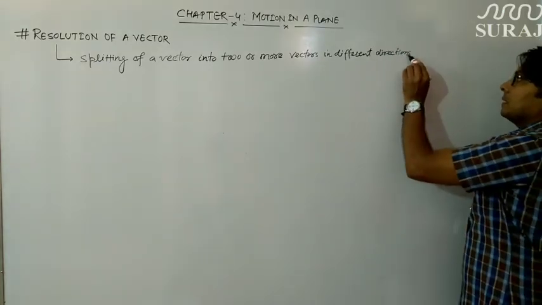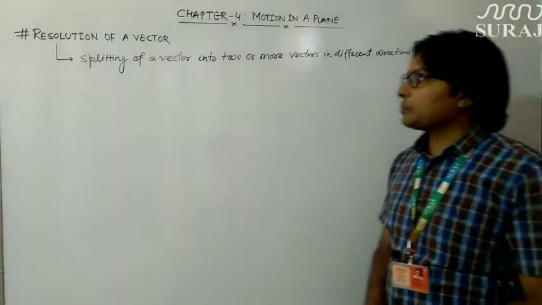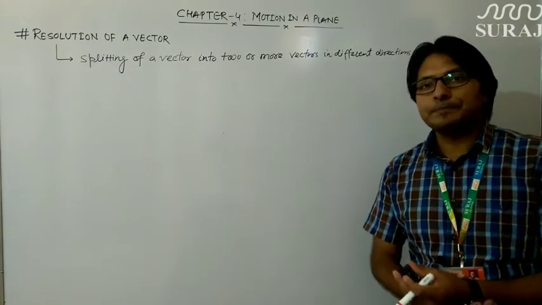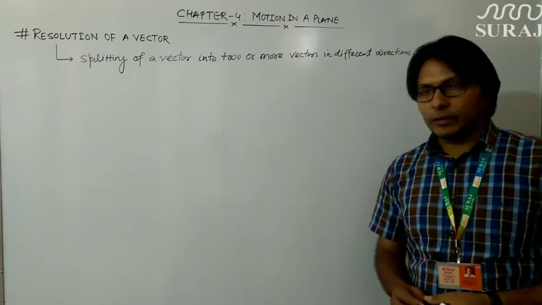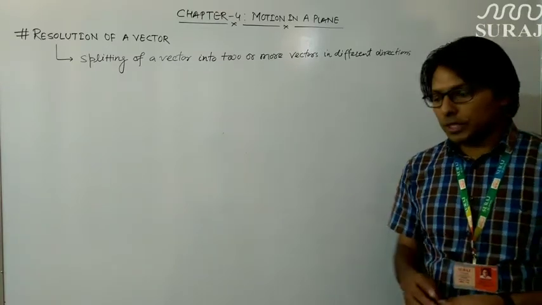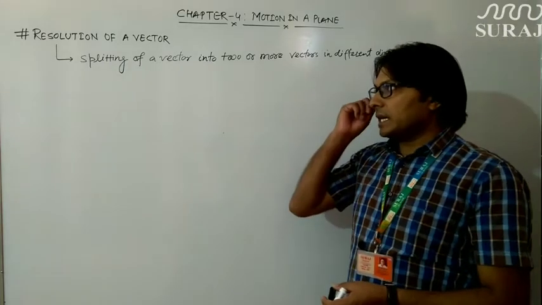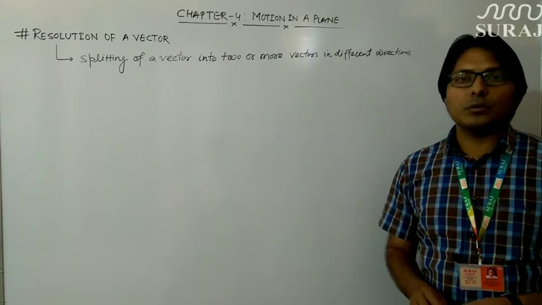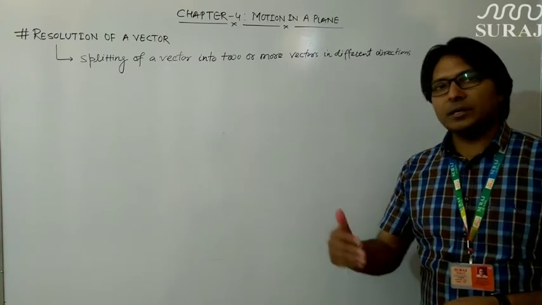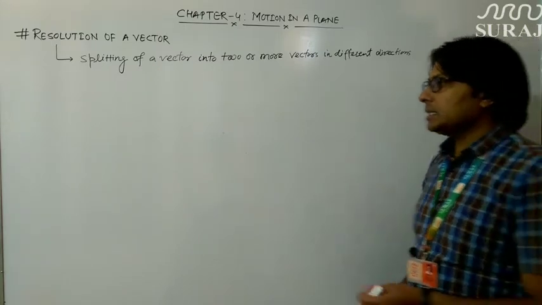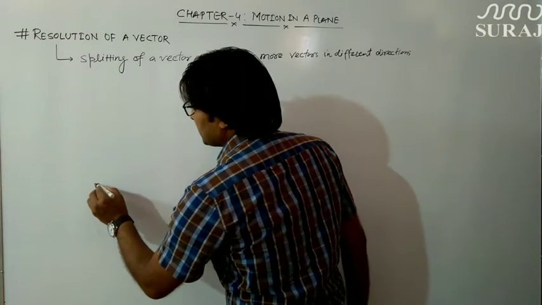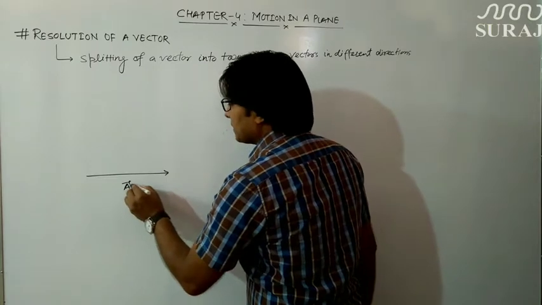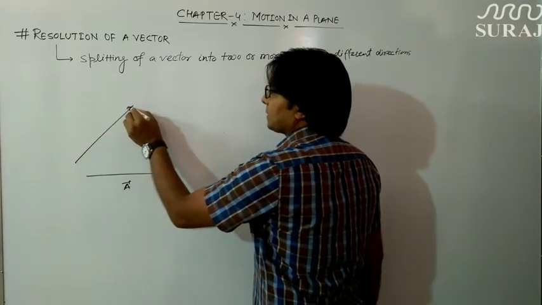Okay, let us try to understand the concept of resolution of a vector, or what is the need of splitting a vector into two or more vectors or directions. This is actually the reverse process of combination of vectors. Suppose I ask you to find the resultant of these two vectors, a vector and b vector.